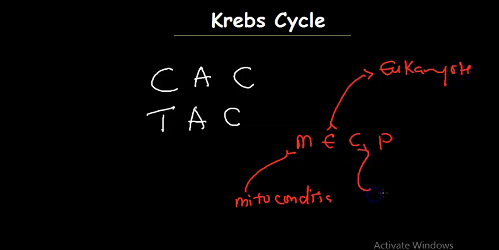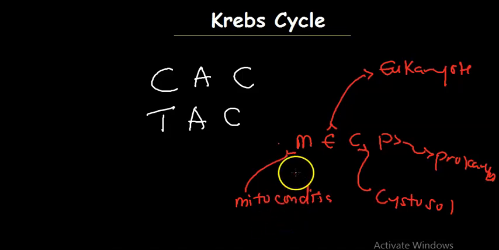The C simply stands for the cytosol, while the P simply stands for the prokaryote. So if you ask where the actual location is, you can say this Krebs cycle happens in the mitochondria of eukaryotes, that's number one. And it also occurs in the cytosol of prokaryotes.